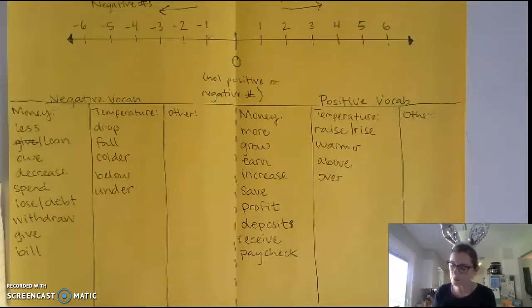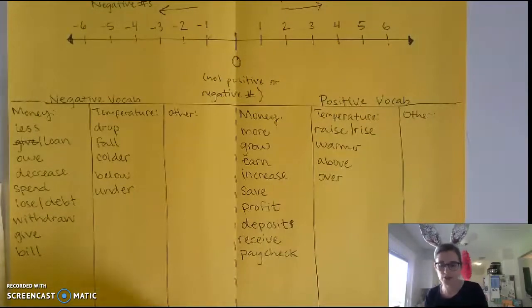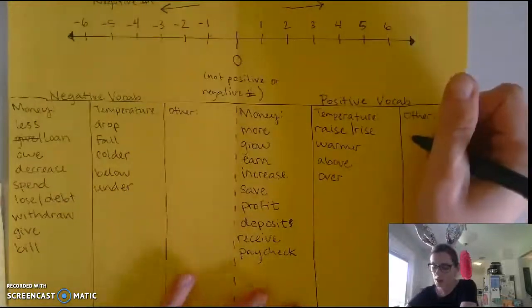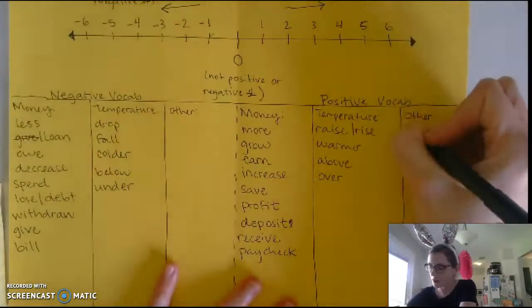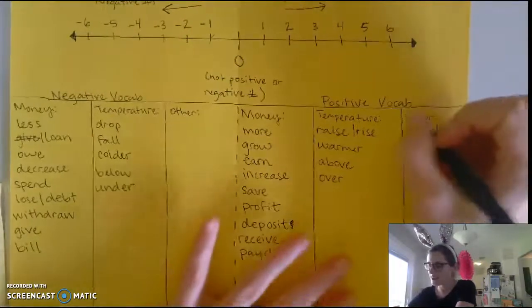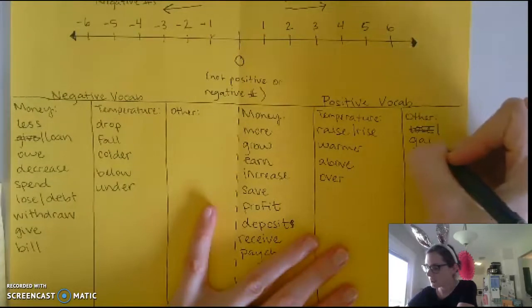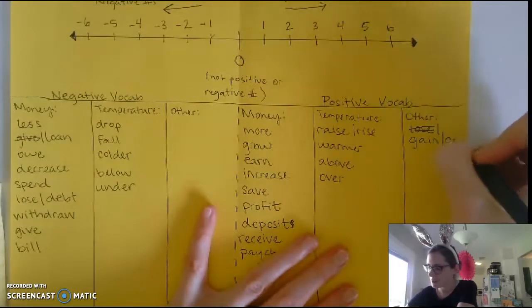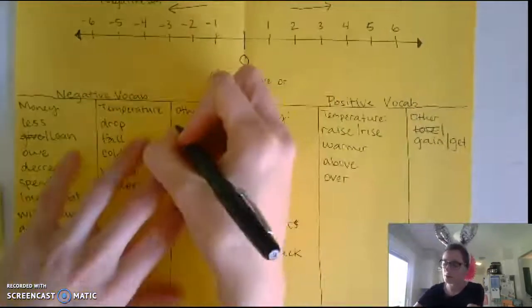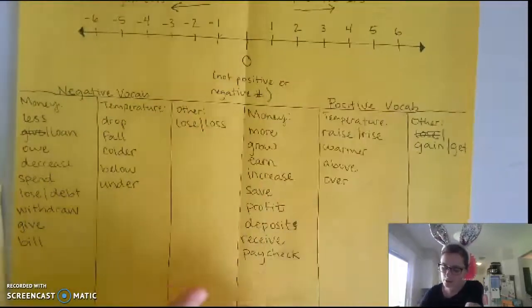Okay. Our last area, sorry, I'm going a little bit faster because I want to make sure we stay under or close to 10 minutes. Our last area is other. You might hear words like gain or get, and the opposite of that would be lose or loss.